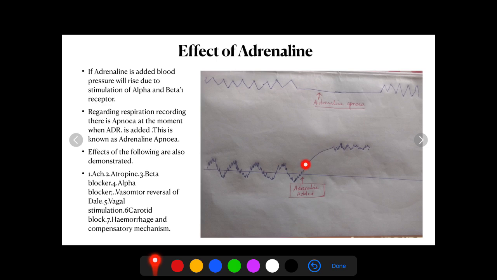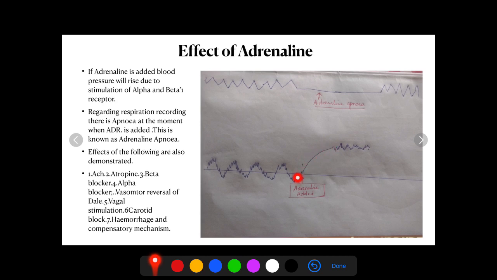The heart rate will be increased, the contractility and the conductivity will be increased, and as a result, stroke volume will be increased, cardiac output will be increased, and systolic blood pressure will be increased. And due to the vasoconstrictor effect of the alpha, there will be increased peripheral resistance. So, due to this conjoint effect of these two receptor stimulations, there will be a tremendous rise of the blood pressure.